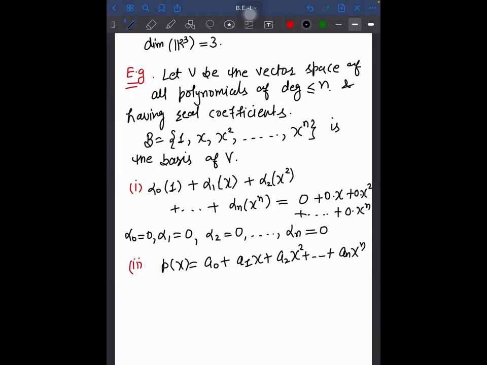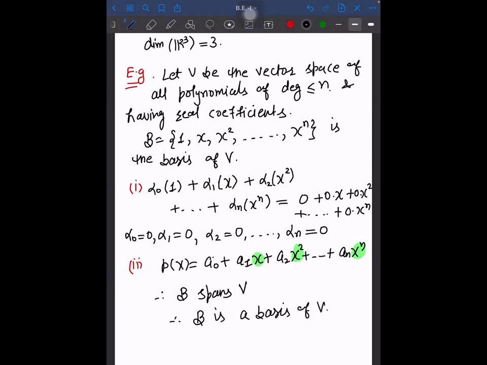Now, of course, p(x) is already written as a linear combination of 1, x, x square, up to x^n. And here you can also write it as a naught times 1. So it is already written as a linear combination, right? So that means it spans. So therefore B spans V, and B is a basis of V.